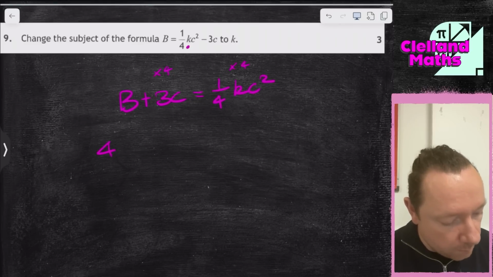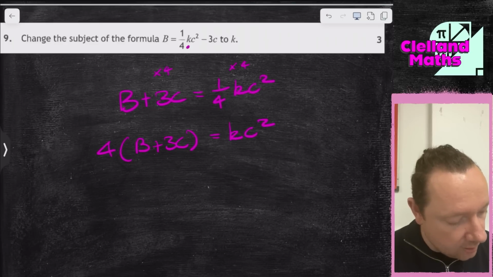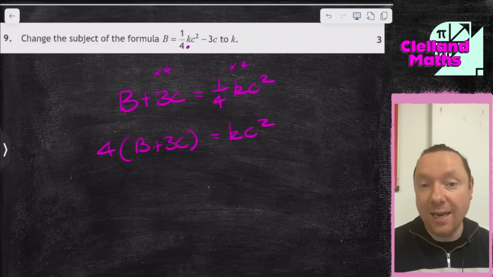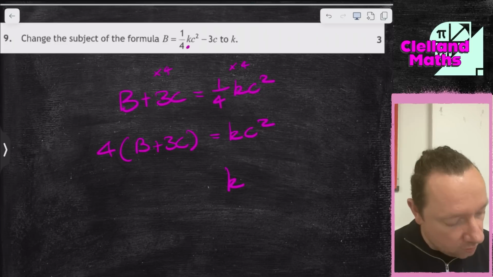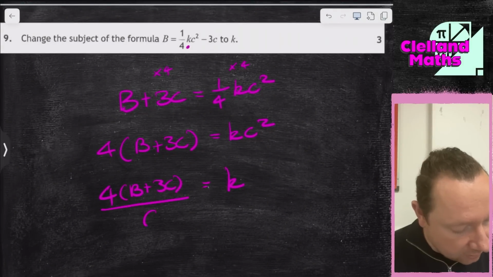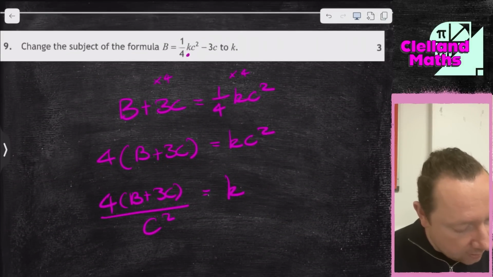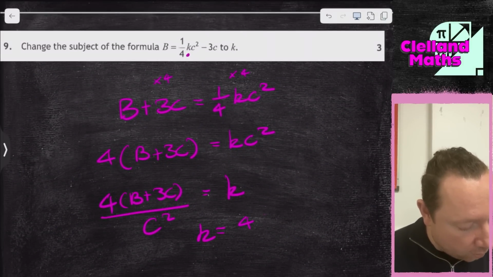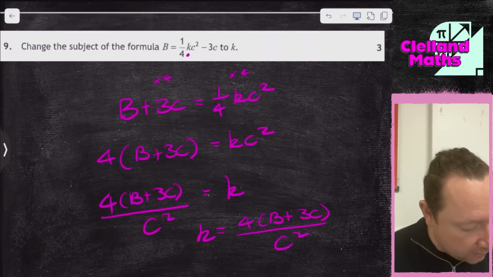So 4 bracket B plus 3C, or 4B plus 12C, equals KC squared. Now I need to divide by C squared to get the K on its own. 4B plus 3C all over C squared. Or in other words, K equals 4B plus 3C all over C squared.